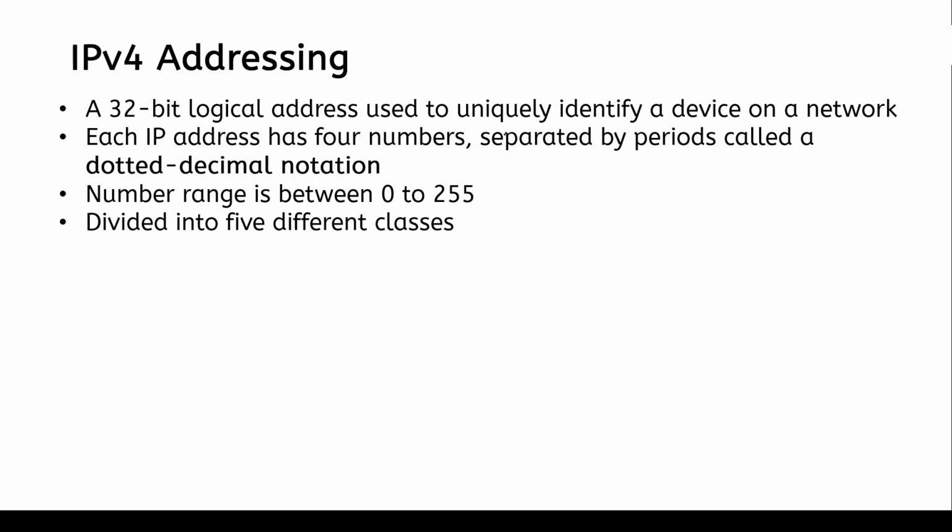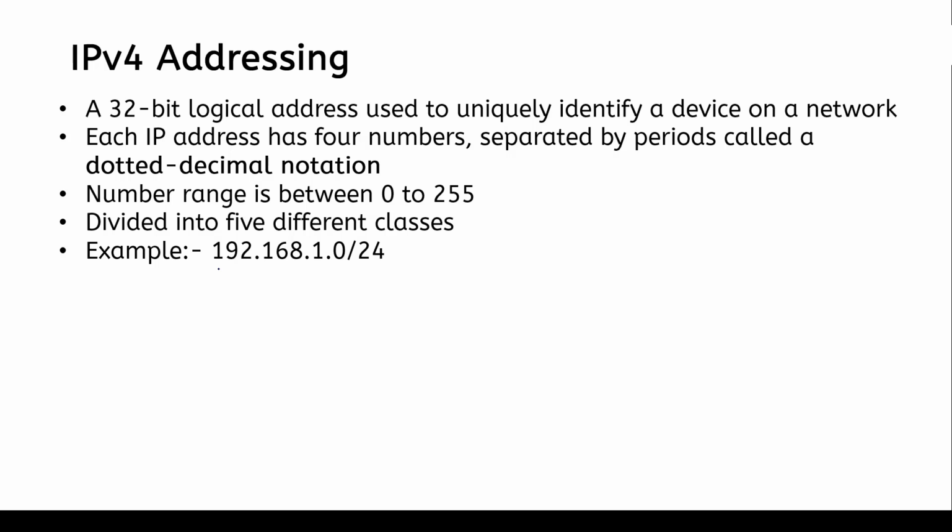The IPv4 address range is divided into 5 different classes. An example of an IPv4 address is 192.168.1.0/24. This is basically a network address. We will learn about host address and network address in the future slides.